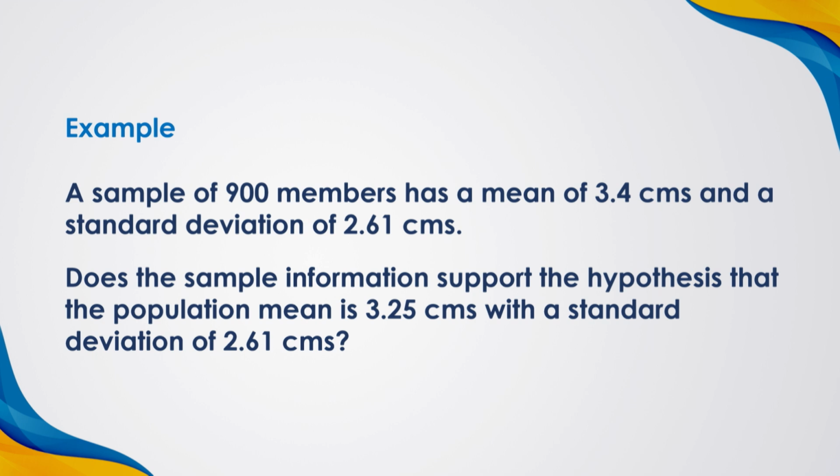In this problem, x bar is given as 3.4 and sigma is given as 2.61 and the sample size is 900. Therefore, all the required quantities are given for the formula. Therefore, we have to calculate a value called the calculated value.